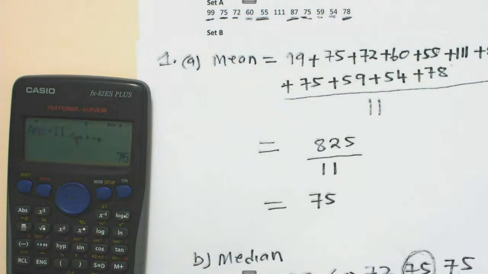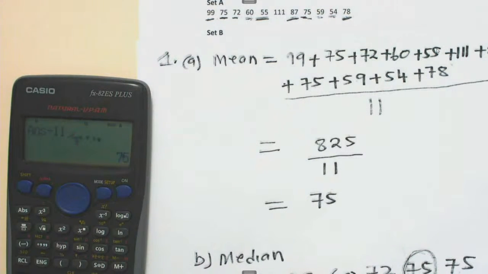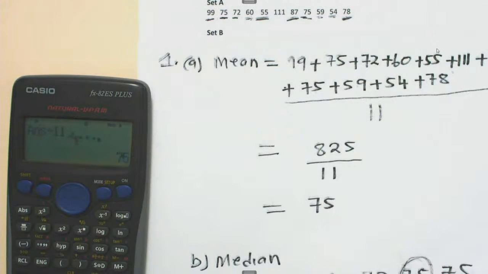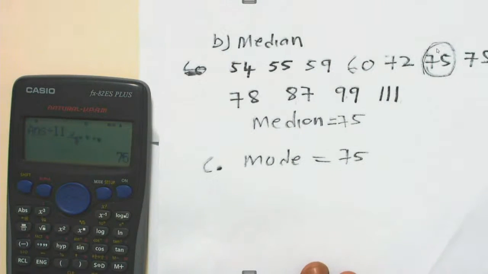If we had 2 numbers that occurred twice, maybe 75, 75 and 78, 78, our data would have 2 modes. It's bimodal. But in this case, only 75 occurred twice, whereas other numbers occurred only once. So our mode is 75.